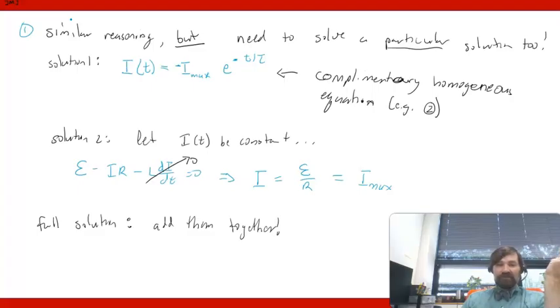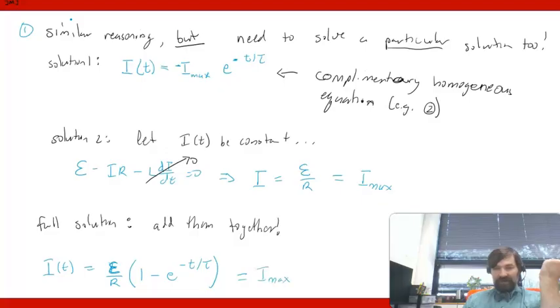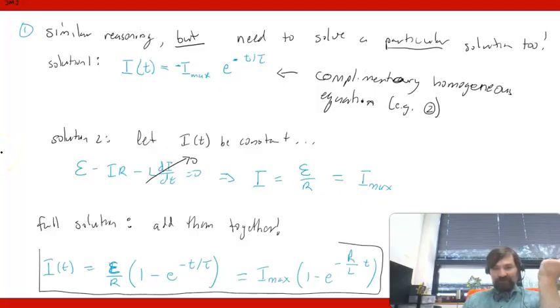And so your full solution is I of t is equal to some I max, which is epsilon over R, times 1 minus e to the negative t over tau. So again, this is the same as saying I maximum times 1 minus e to the negative R over L times t, if we make all of our substitutions in. So that is your solution.